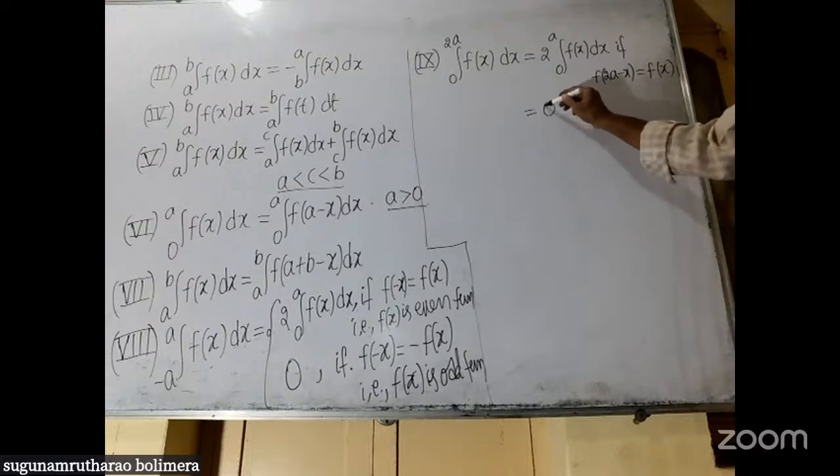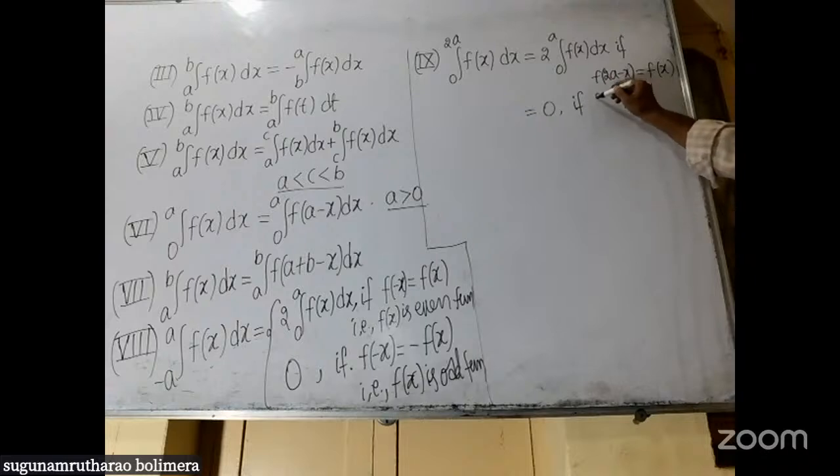And this is 0 if f of 2a minus x equals minus f of x.